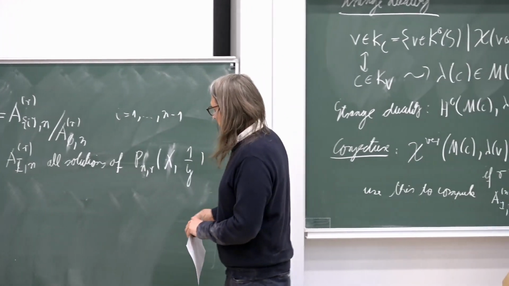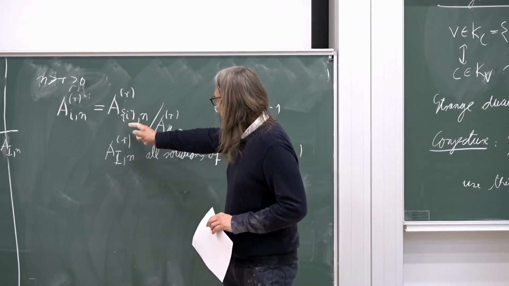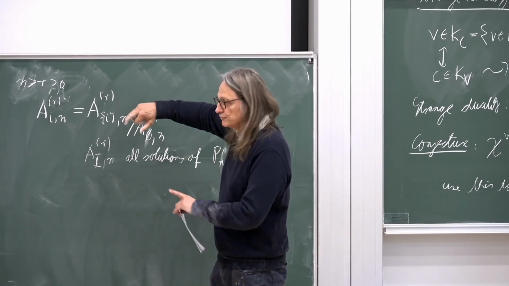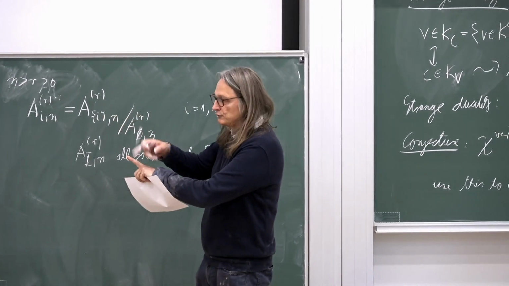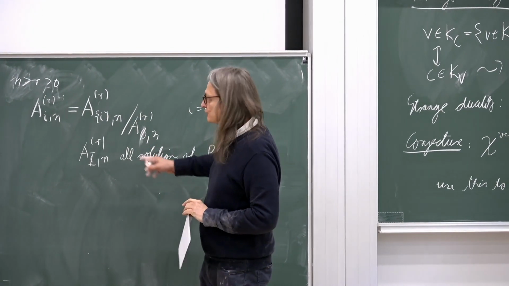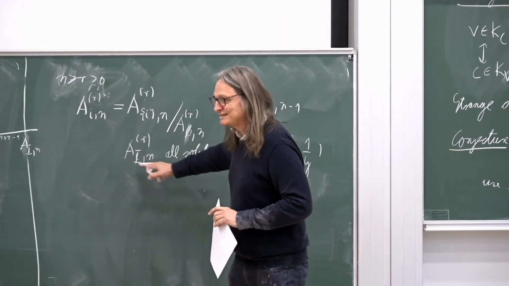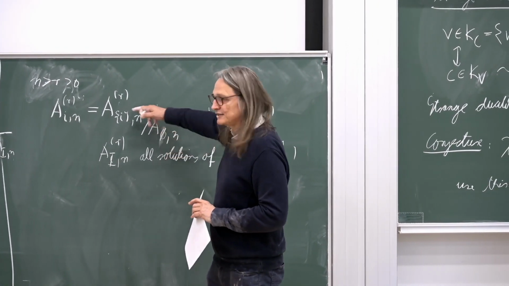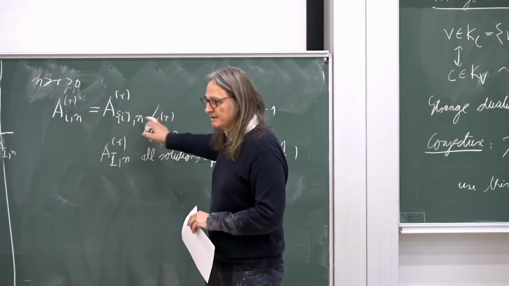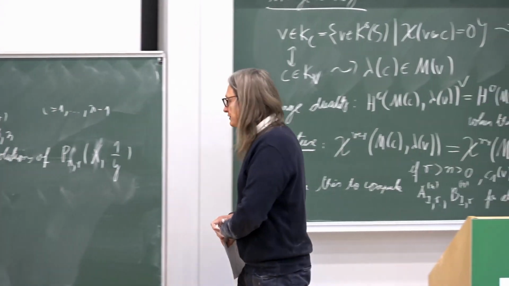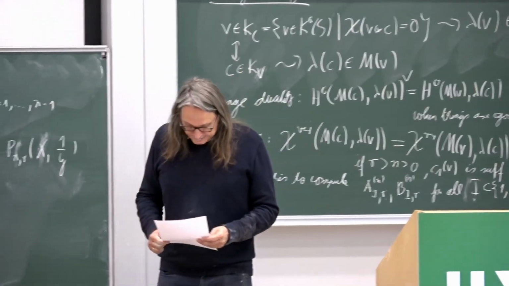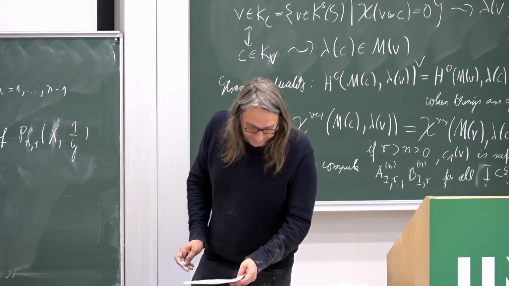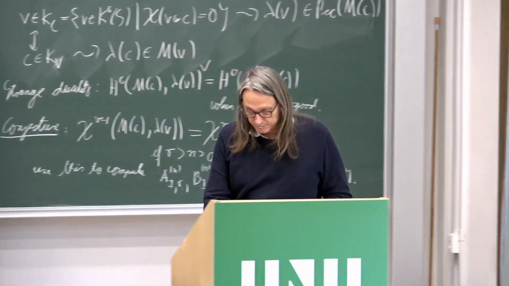So we know that the ones corresponding to subsets of 1 to r minus 1 correspond to the actual series which we need to use to determine the power series. But the other ones are just the other solutions, and we just use them as if they were also corresponding to some other given class. And with this, we can actually do the same as before. And then I stop.